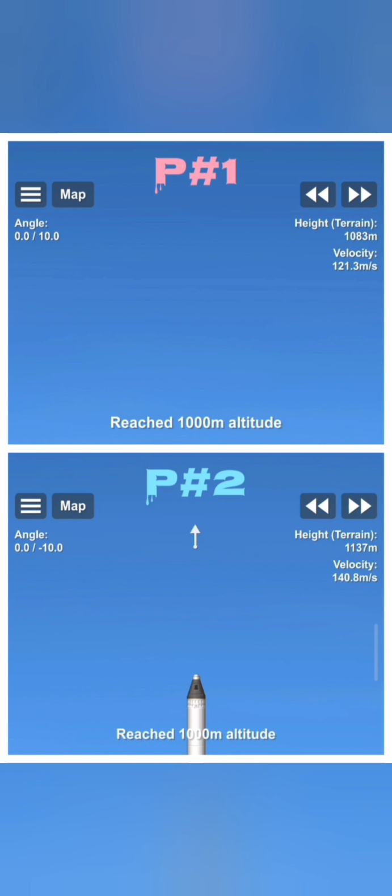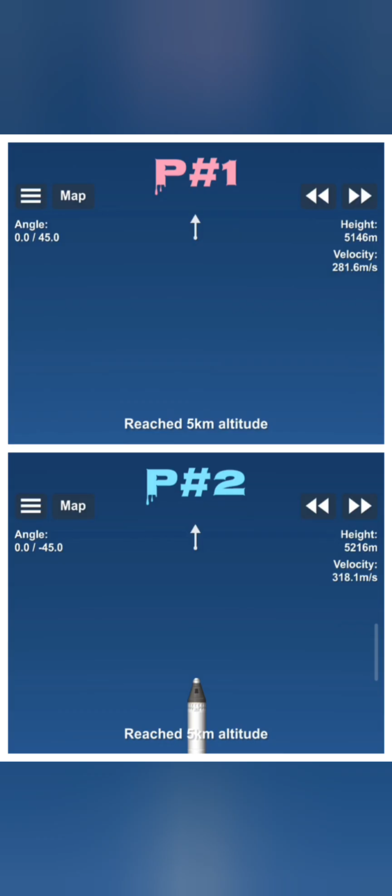This is at 1 kilometer altitude, and the velocity of rocket 1 is 121.3 meter per second, and the velocity of rocket 2 is near 140 meter per second. Move to the next.